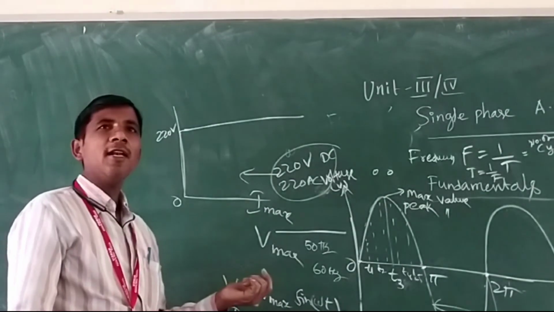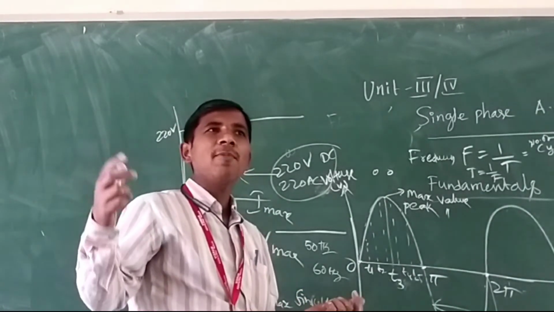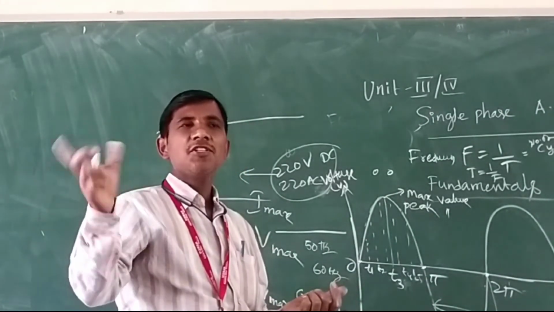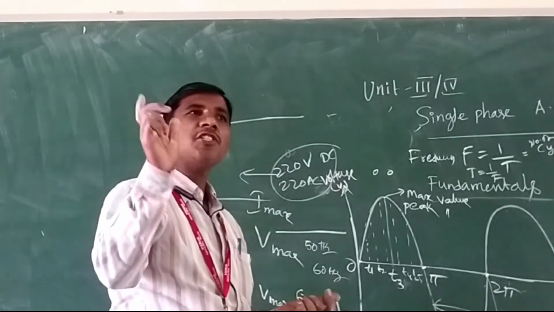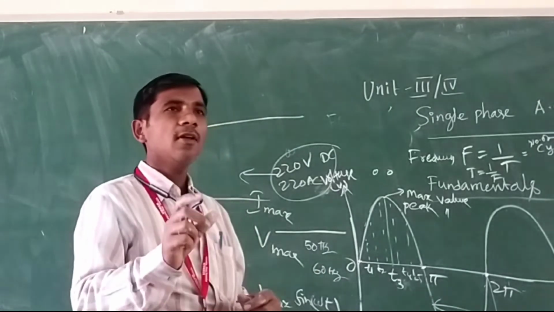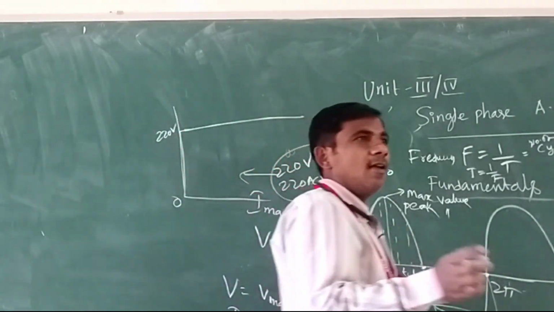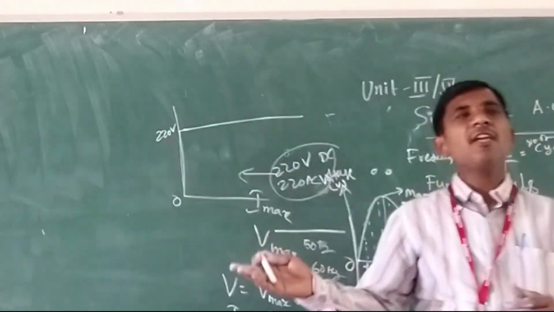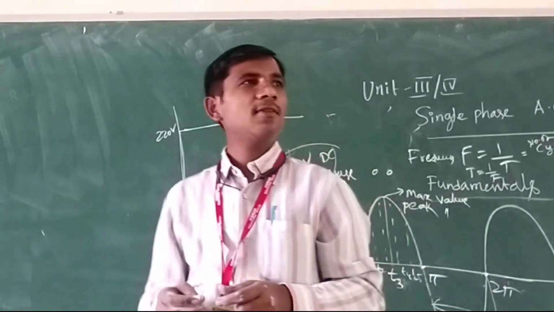If you purchase a mobile in America or in Saudi, that is 60 Hz or 50 Hz. Any mobile, any charger can work for both 50 Hz and 60 Hz. Nowadays they design internationally because some countries follow 50 Hz and some follow 60 Hz.